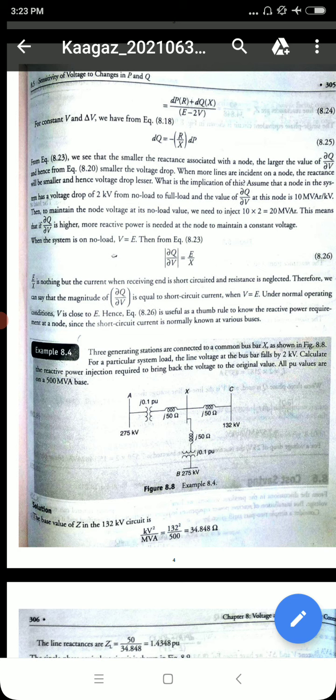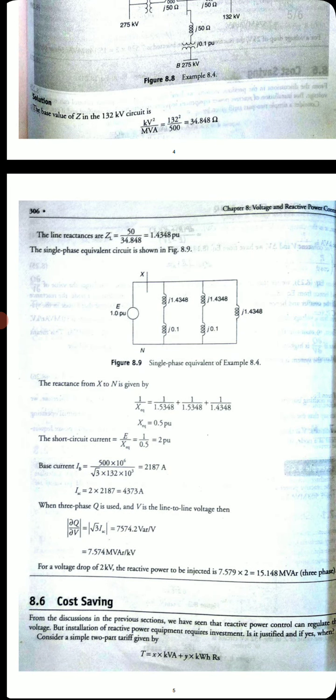For the solution, the base impedance at 132 kV is kV squared by MVA, that is 132 squared by 500, which gives 34.848 ohms. Then ZL, the line reactance, is 50 by 34.848, so we get the per unit value as 1.4348 per unit.